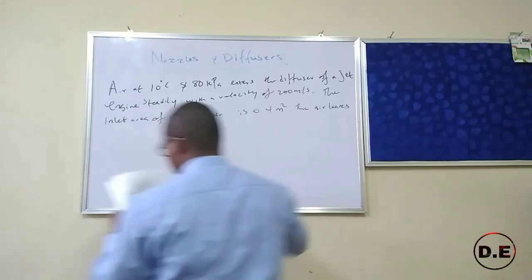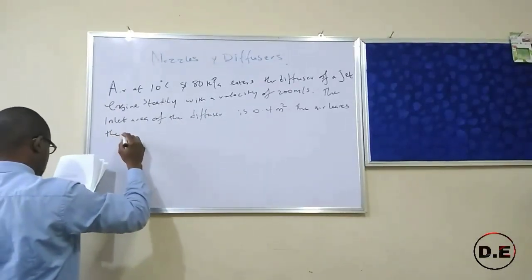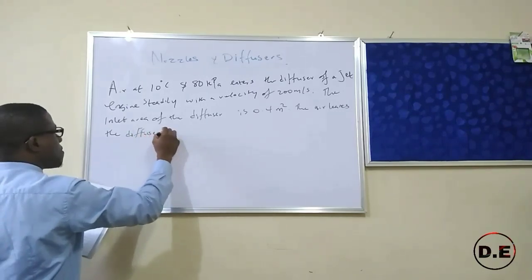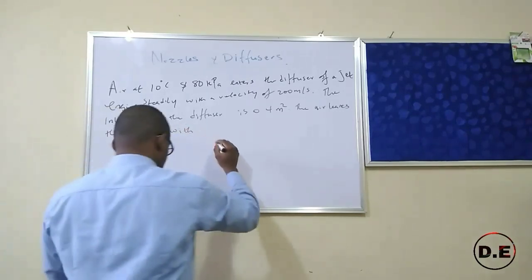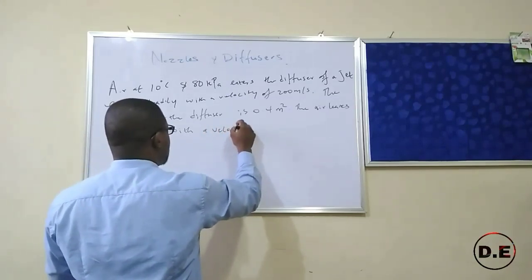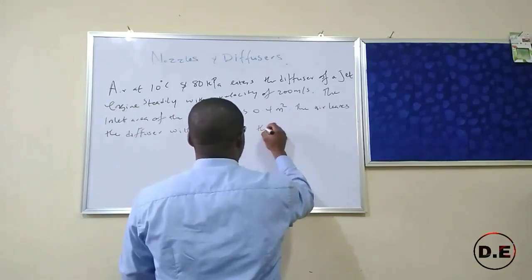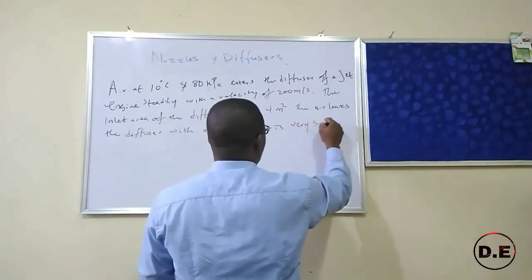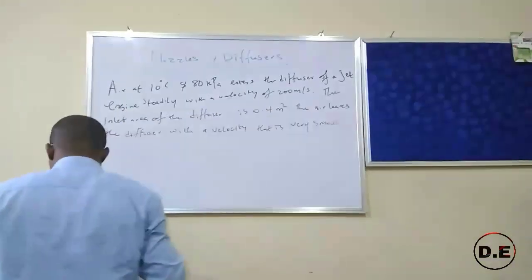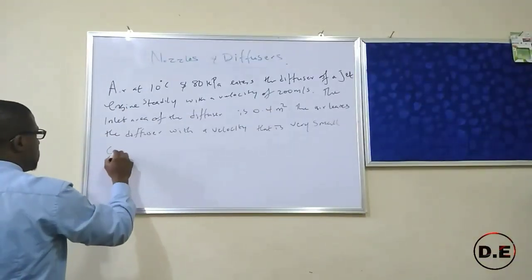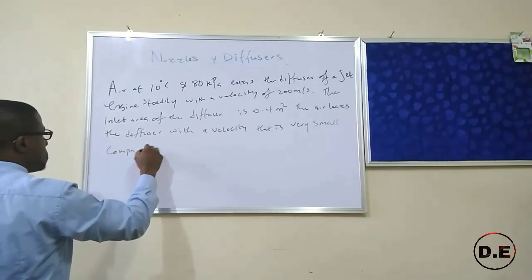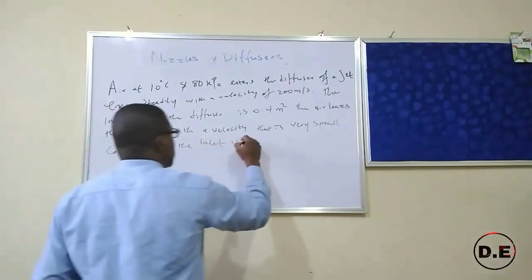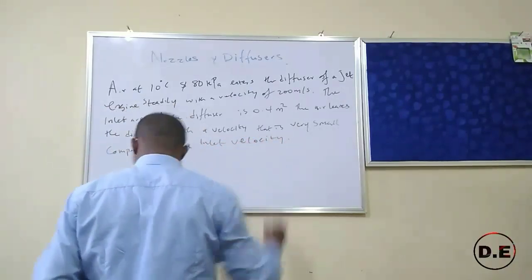The air leaves the diffuser with a velocity that is very small compared with the inlet velocity.